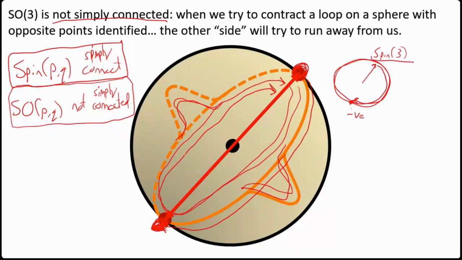So in spin, you get a negative sign, but for SO3, it thinks it's back where it started. That's why one rotation in spin is like 2 rotations in SO. So when you first hear about spinors, you hear, oh yeah, when you go around once, you get a negative sign.